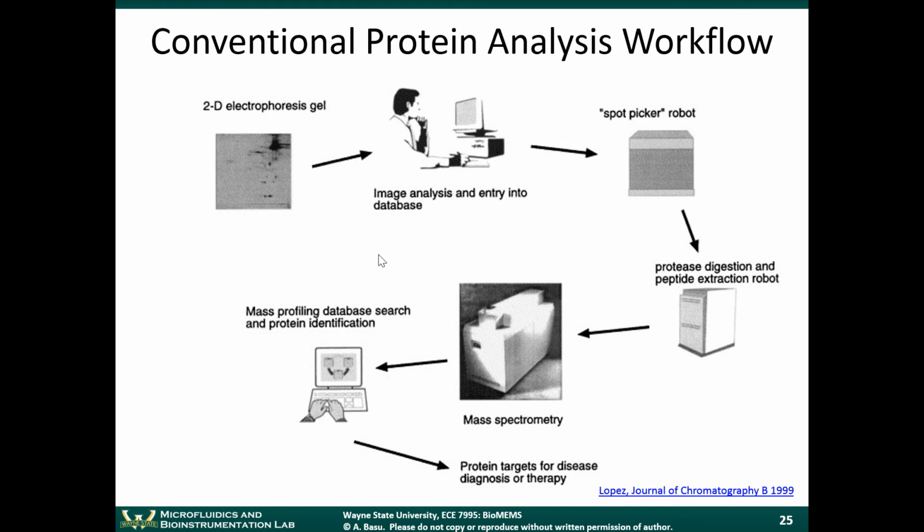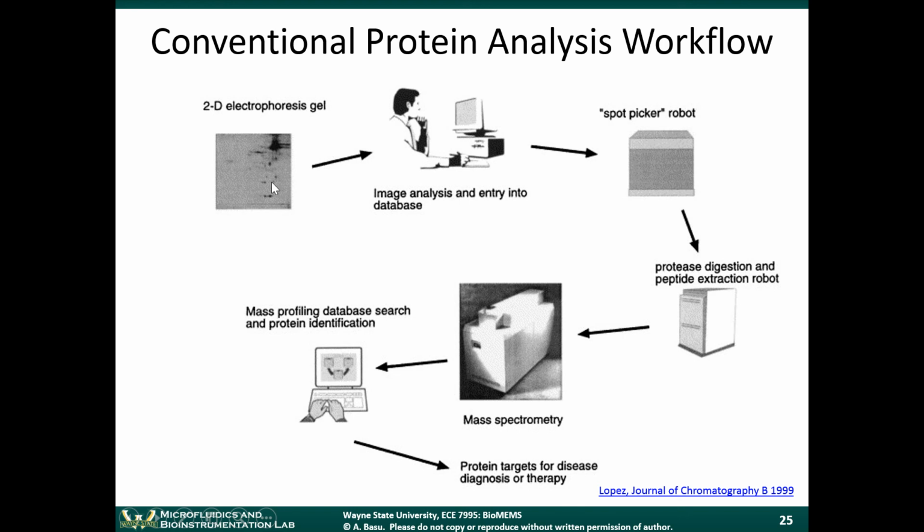So the workflow that's done right now is two-dimensional gel electrophoresis. We'll talk about this in just a second. This is a two-dimensional method to separate out proteins based on two different properties, based on size and charge, also the isoelectric point. You can do an image analysis of this gel.